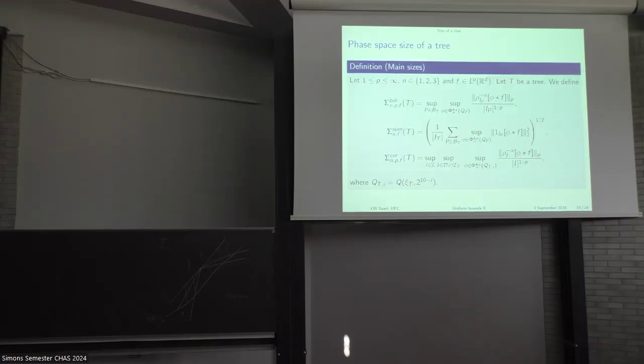Okay, and the sizes we use are the following. So different parts of the tree are treated with different sizes. So one part is the core part. This is the part of the tree which really doesn't see other trees.